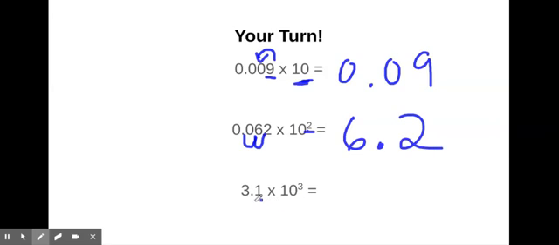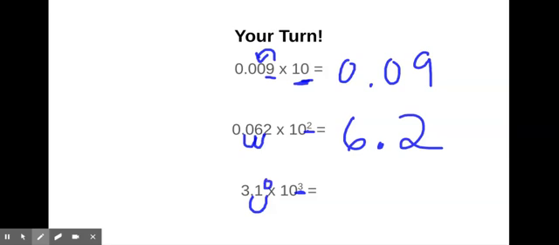And last one, we have 3 and 1 tenth times 10 to the third power. This 3 tells us that we're moving 3 places on the decimal place value chart, or we can just move our decimal point 3 places to the right. Let's try that. I'm going to move my decimal point 1 place, and I don't have any more digits.